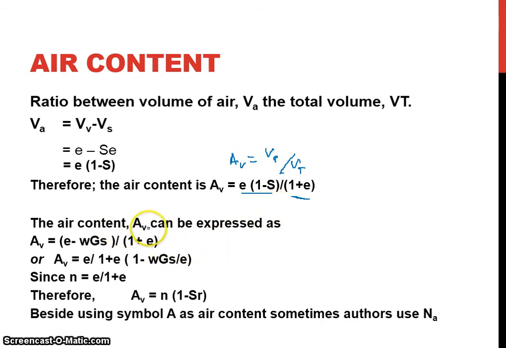Alternatively, the air content can be expressed in different manners, like this one, this one, and this one. Sometimes other researchers or authors use n sub a to represent a sub v.